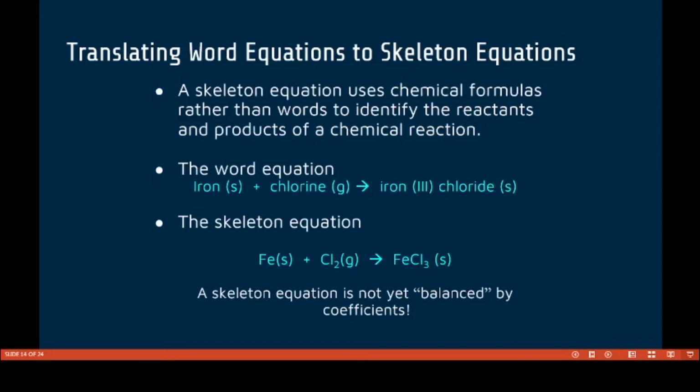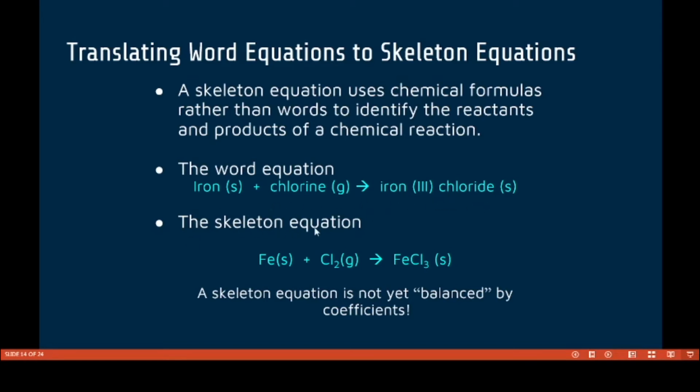And then translating word equations to skeleton equations. A skeleton equation uses chemical formulas rather than words to identify the reactants and products of a chemical reaction. See another word equation: iron plus chlorine gives iron(III) chloride.